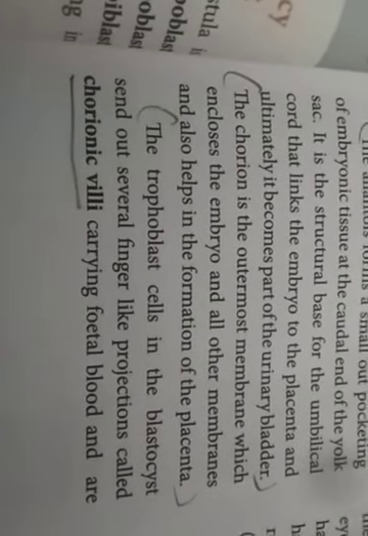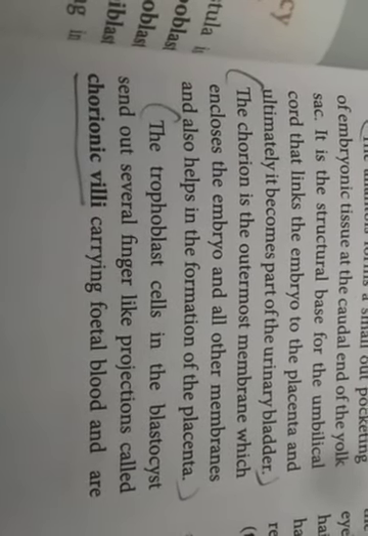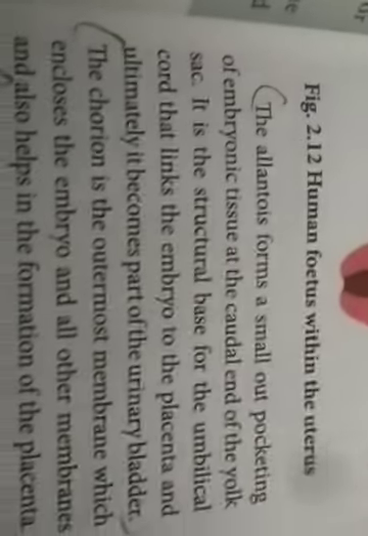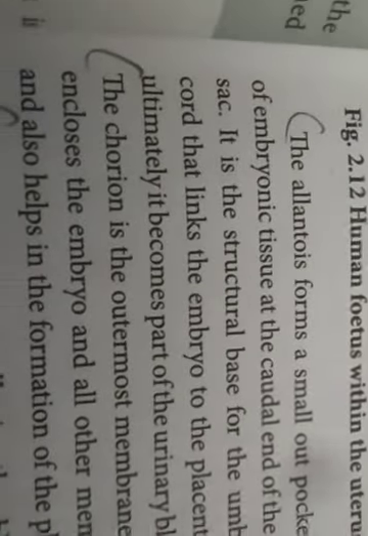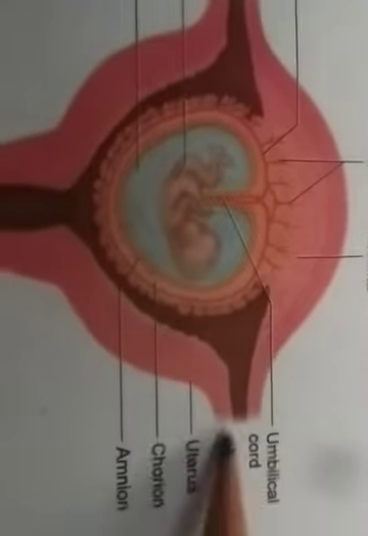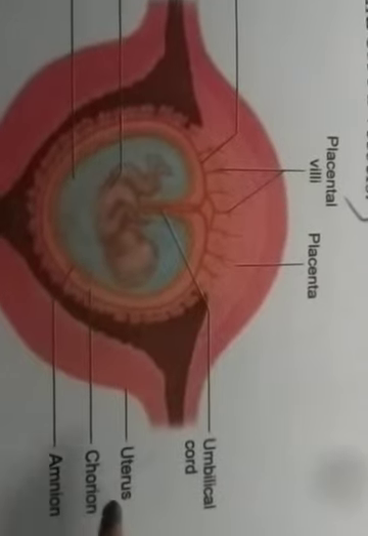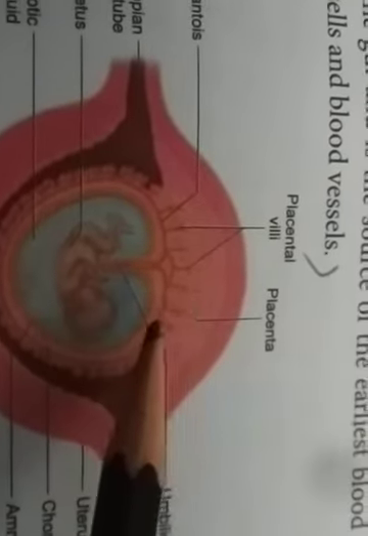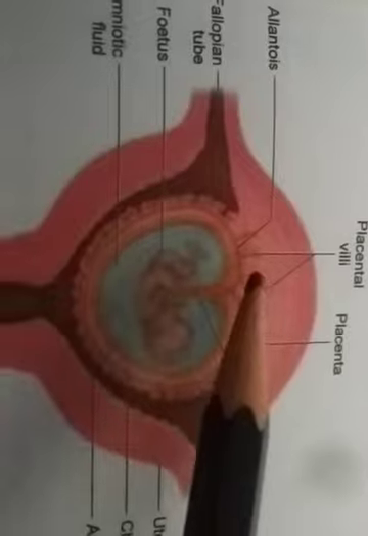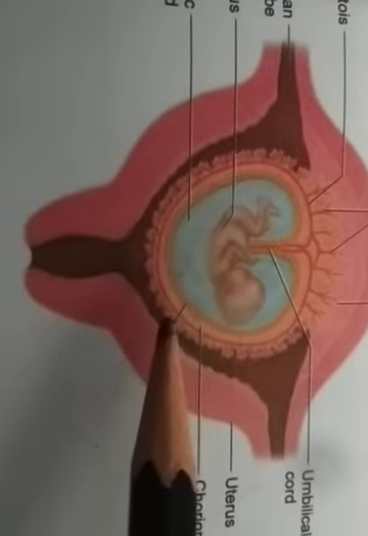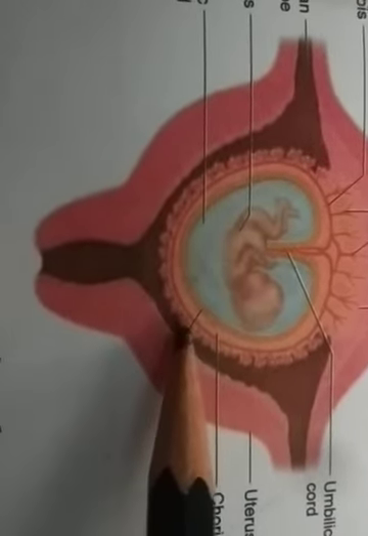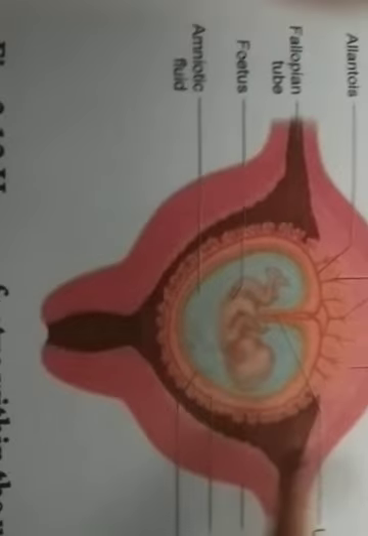They produce several finger-like projections, known as the chorionic villi. The chorion produces these smaller finger-like projections, the chorionic villi.